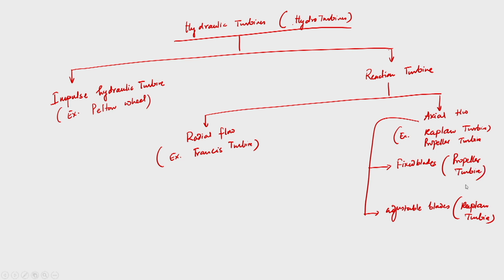So, this is the classification of hydraulic turbines. Whatever we have discussed, hydraulic turbines are the prime mover in which the potential energy of the fluid is converted to the mechanical energy of rotation. So, essentially we need to have a reservoir situated at a certain height from the axis of the runner, and water is allowed to fall from the reservoir and strike the runner through a certain arrangement system.